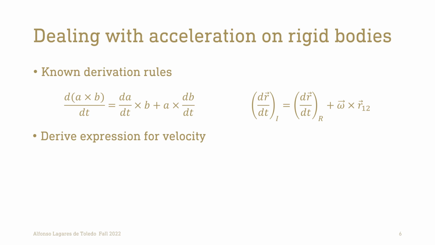This acceleration will be equal to the acceleration known at a previous point plus two other terms, resulting from the cross product of angular velocity and displacement. The first term is the cross product of the derivative of the angular velocity, angular acceleration, and the displacement vector. The second term is the cross product of the angular velocity and the derivative of the displacement vector, the velocity of the initial point.